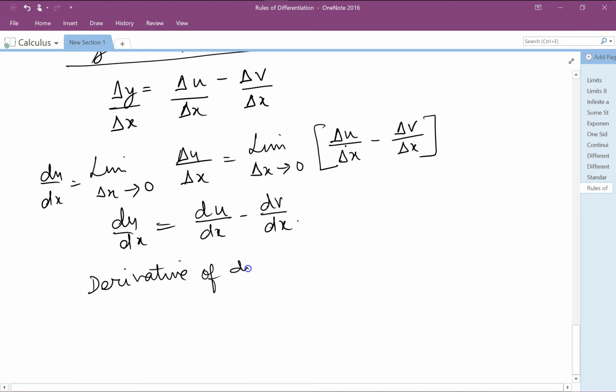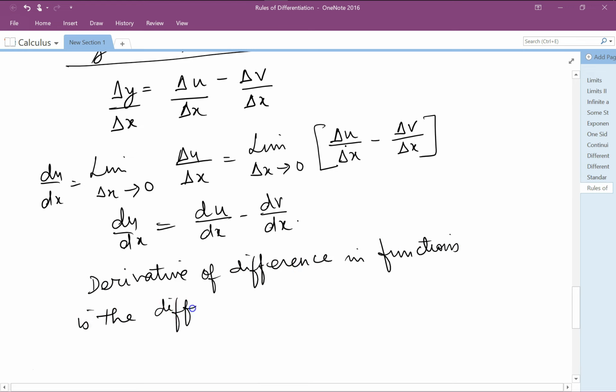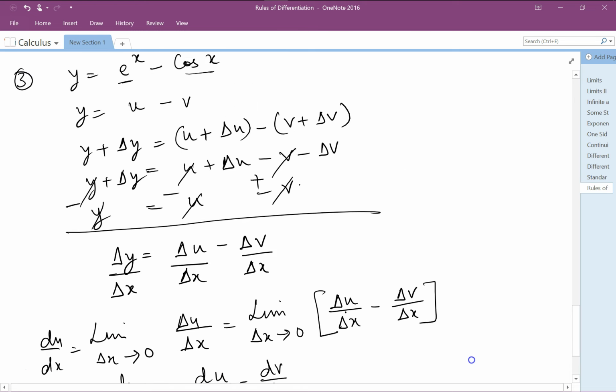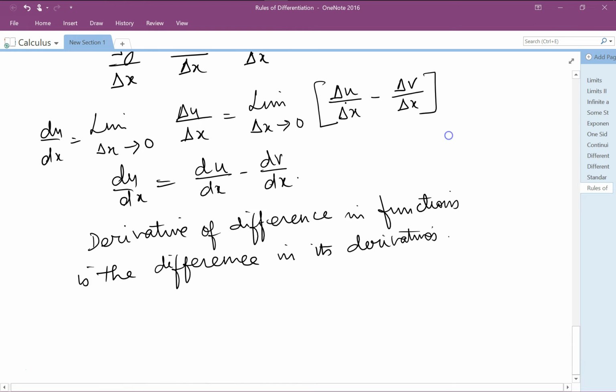Derivative of difference of functions is the difference of its derivatives. Let's do this example which we are examining.